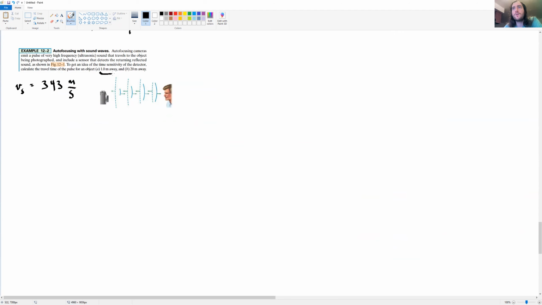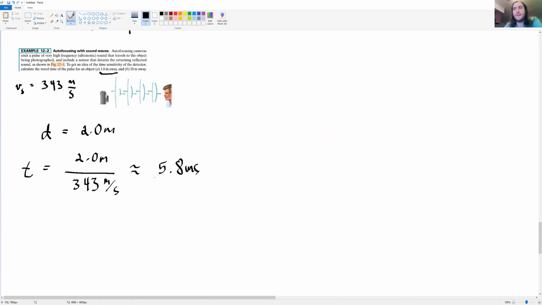So if something is 1 meter away, then that means the distance that wave has to travel is 2.0 meters. So the amount of time that that's going to take is 2 meters divided by the 343 meters per second. This is going to give us about 5.8 milliseconds, something like that, for part A.